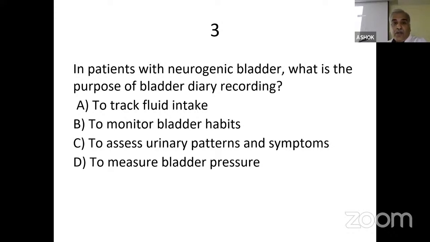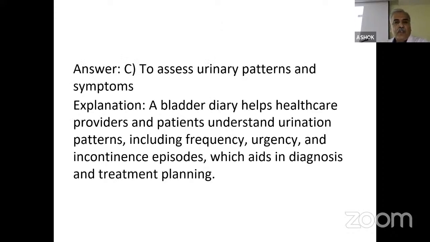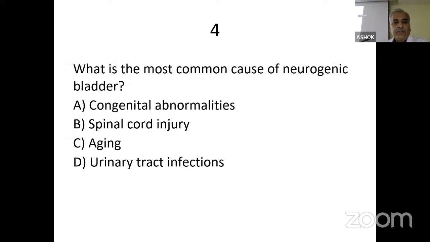To track fluid intake, to monitor bladder habits, to assess urinary pattern and symptoms, to measure bladder pressure. C. Though in the bladder diary we also track the fluid intake, C is actually the answer, urinary patterns and symptoms.